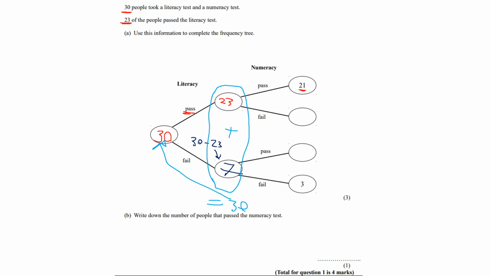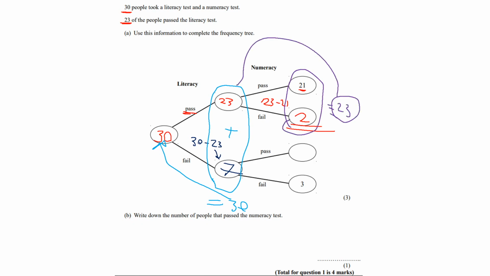The number of people that failed the maths test, that's just going to be 23 minus 21, which is equal to 3. No, I'm joking, of course. I passed the maths test. Of course it's going to be 2. And notice this. These two numbers should be equal to 23, which is over here.